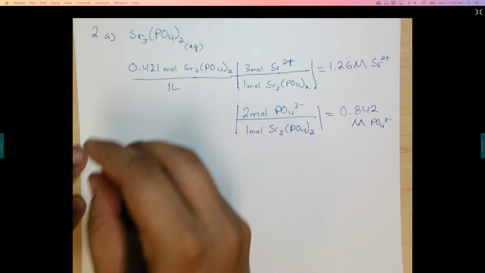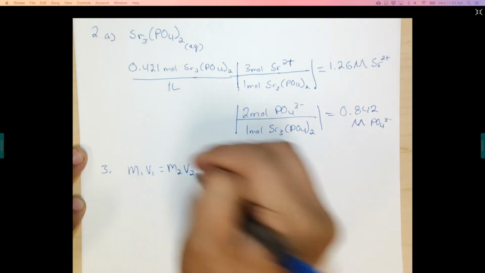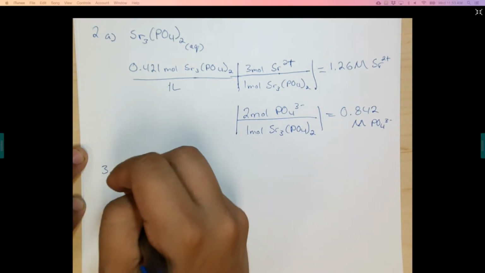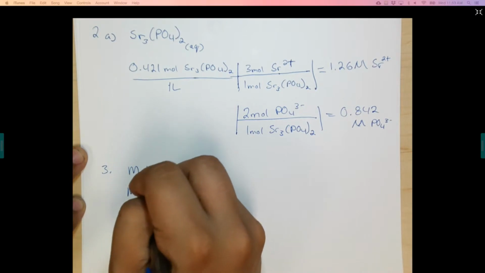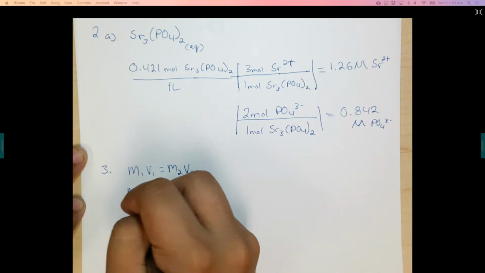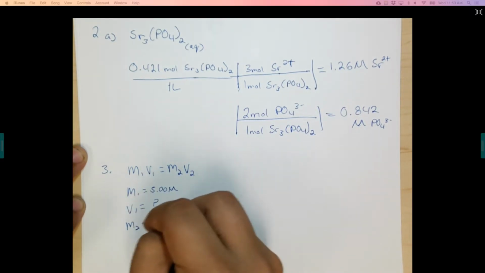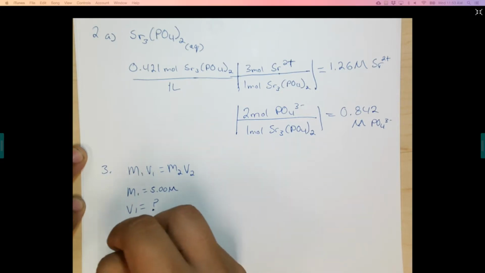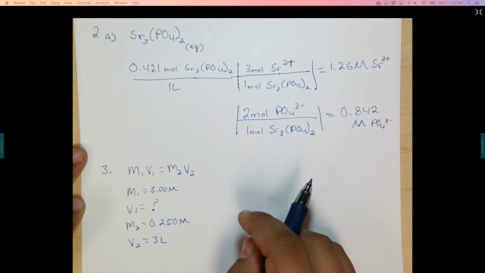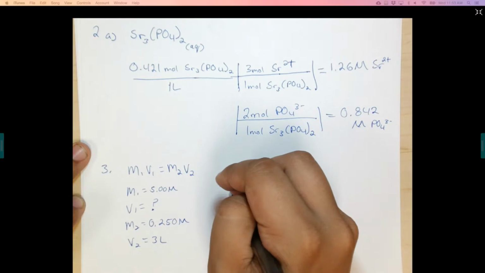We are utilizing M1V1 equals M2V2, where we know M2 and V2. We know M1 is equal to 5.00 molar. V1 is what we're looking for. M2 is equal to 0.250 molar, and V2 is equal to 3 liters. So all we're doing is solving for V1.